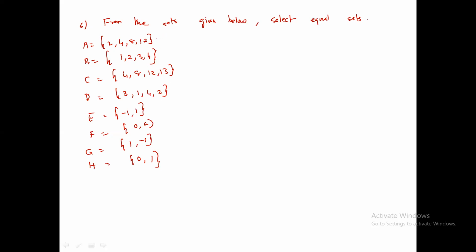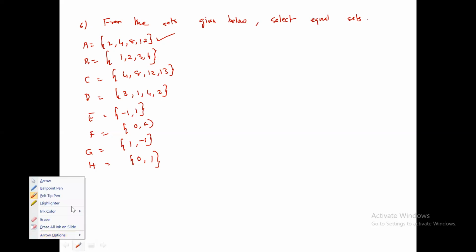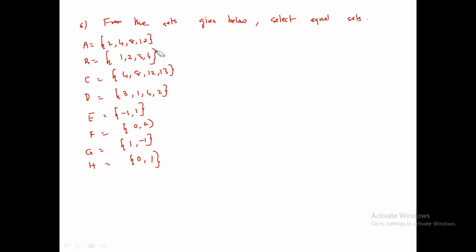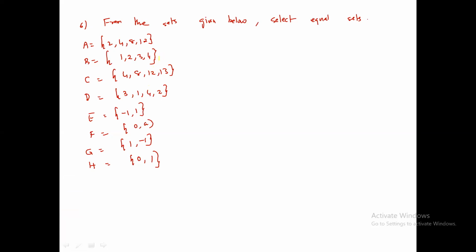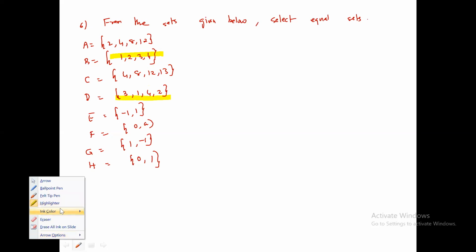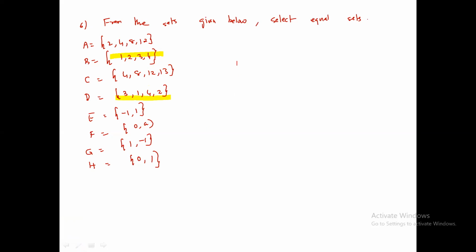You can see here you have 2, 4, 8, 12. Anywhere 2, 4, 8, 12? No. I don't have it anywhere. So I can't take set A. Set B, I have 1, 2, 3, 4. Same way in D also I have 1, 2, 3, 4. Same elements.